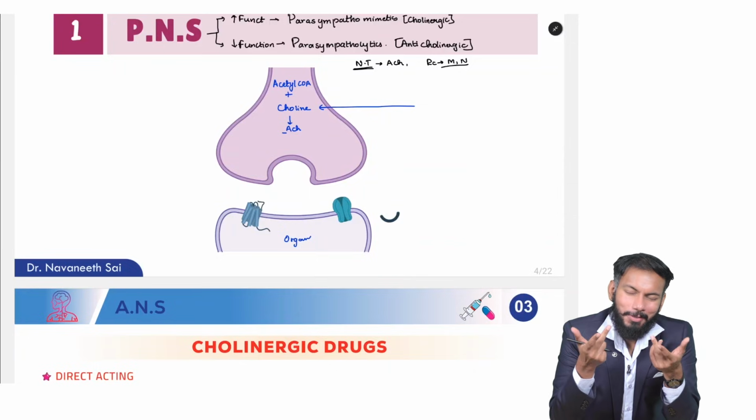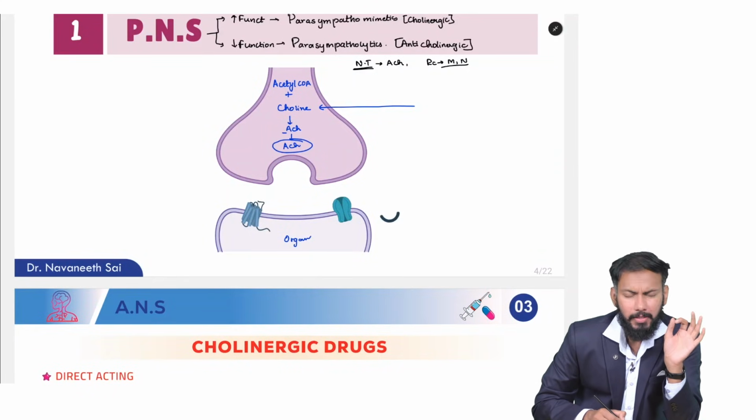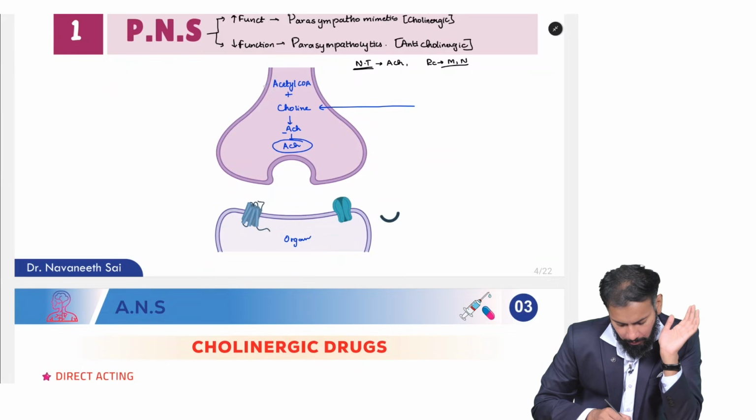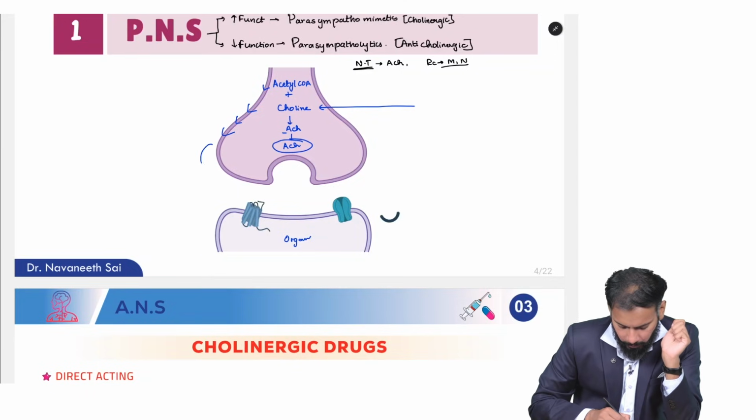Now, if it has to be released whenever you want, it has to be stored in something. So that storage area is known as a vesicle. Inside the vesicle, acetylcholine is stored. Now, whenever a signal comes in this nerve terminal, obviously the signal comes in the form of an action potential. This action potential will activate the calcium channels. So the calcium will move inside.